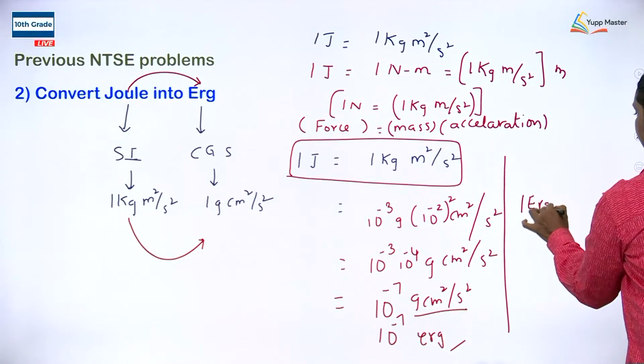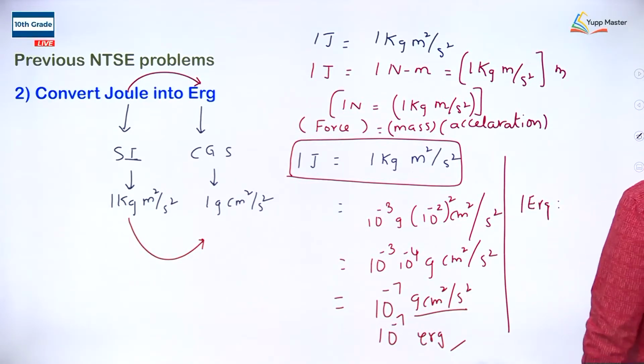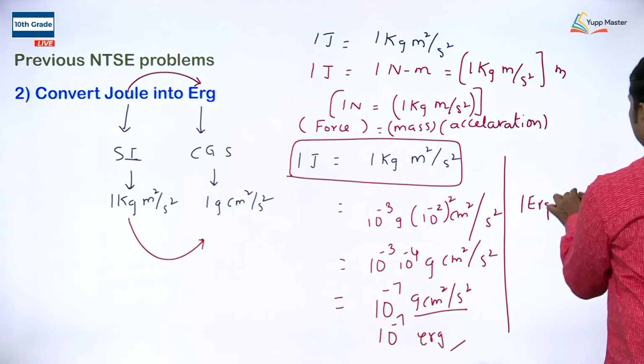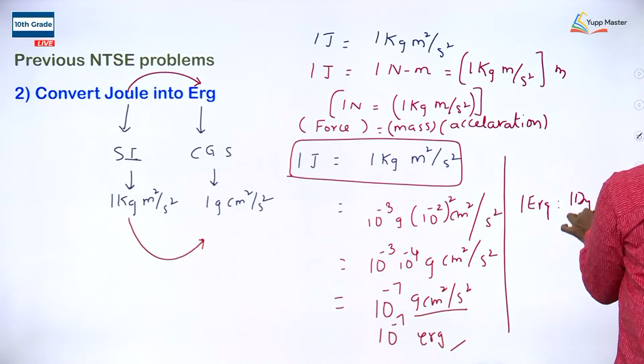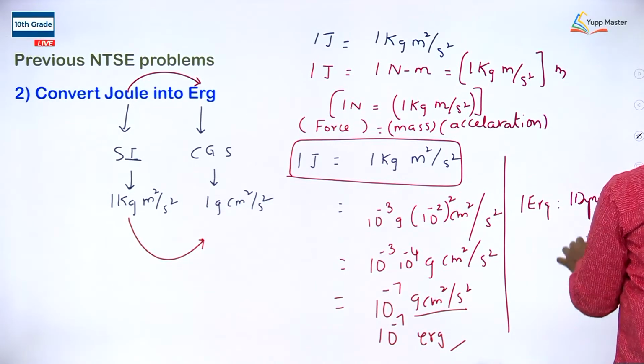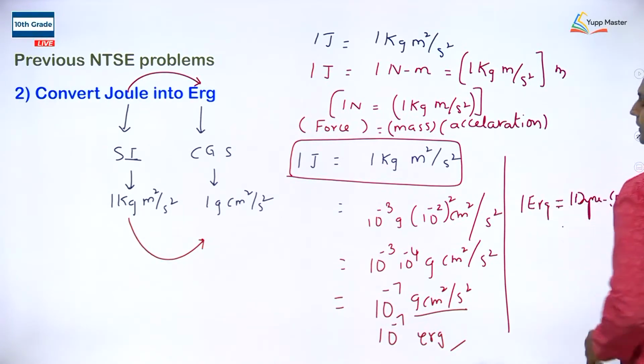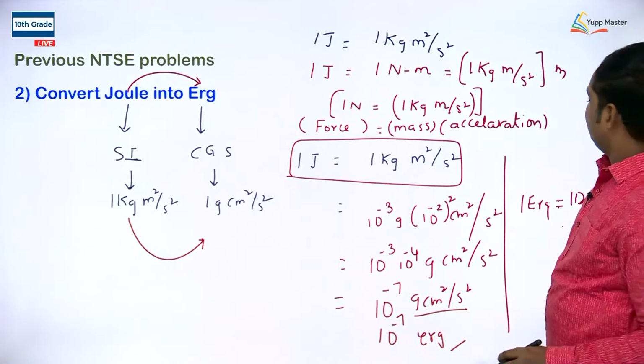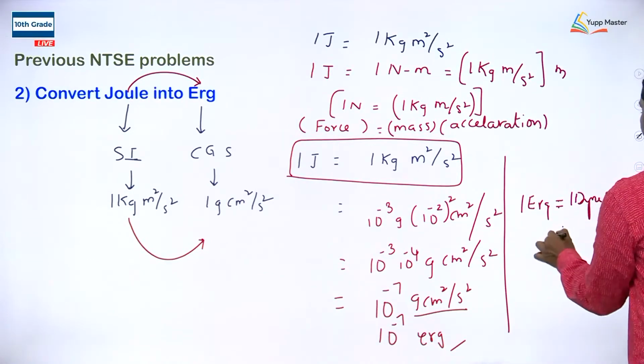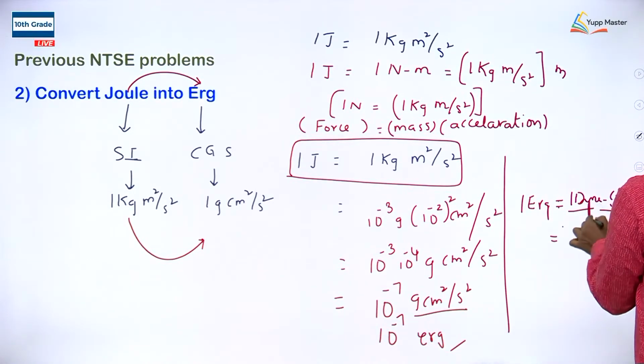is equal to 1 dyne centimeter, just you have to take that, it is very clear. Now, you are going to identify this conversion, you can take this one, right.